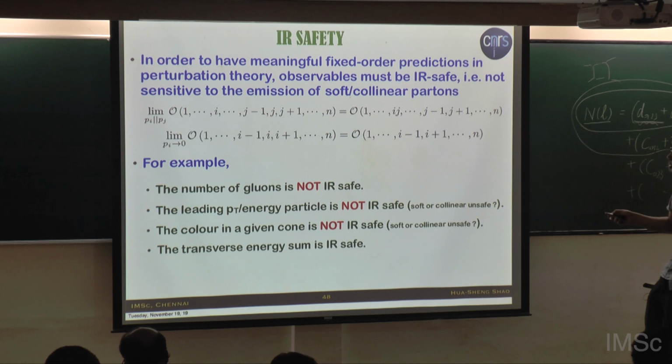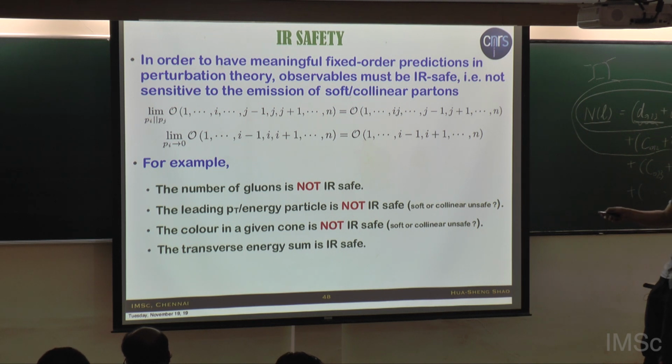So then we need to define infrared safety. It's very important. The KLN theorem, or virtual and real can cancel divergence, is only available for infrared safe observables, not for all observables. So in fixed order calculations, the observable must be infrared safe. That means it is not sensitive to emission of soft or collinear partons. Parton means gluons and quarks.